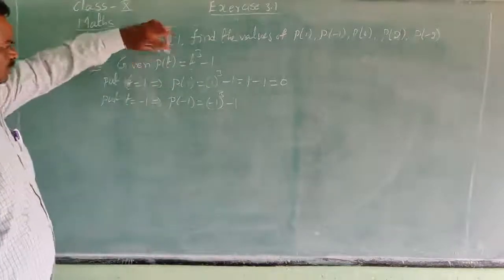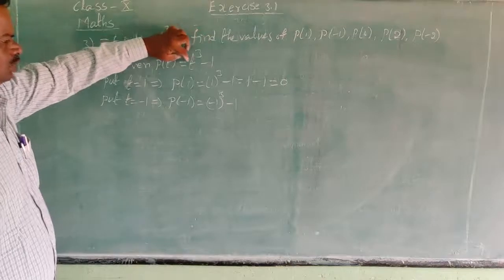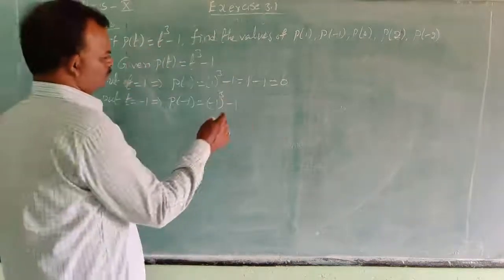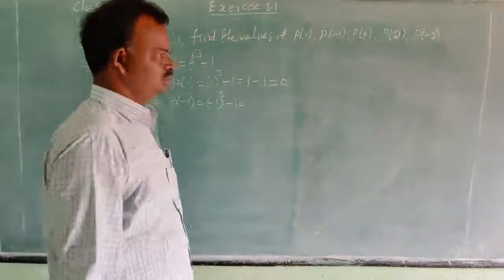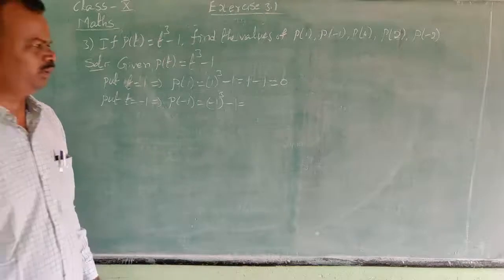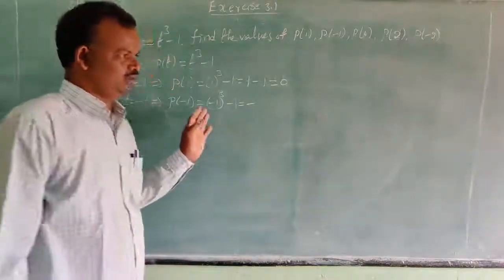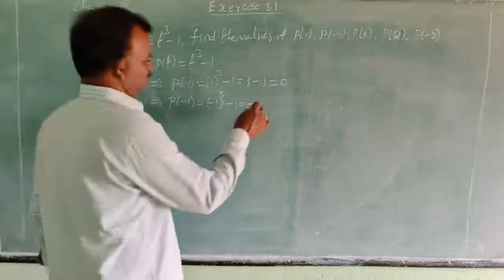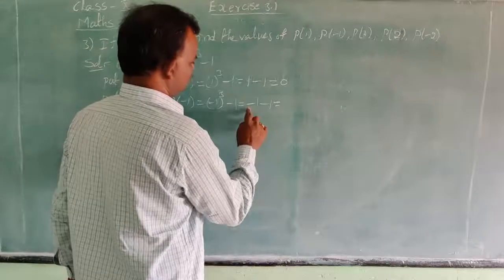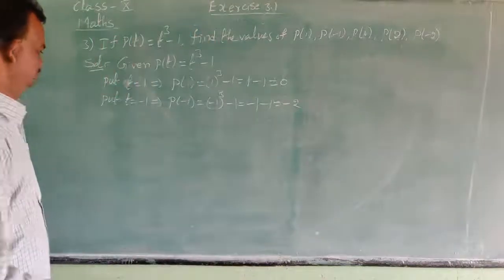Minus 1 whole cube is minus, because minus into minus is plus, plus into minus is minus. So minus 1 cube is minus 1, and minus 1 minus 1 is minus 2.